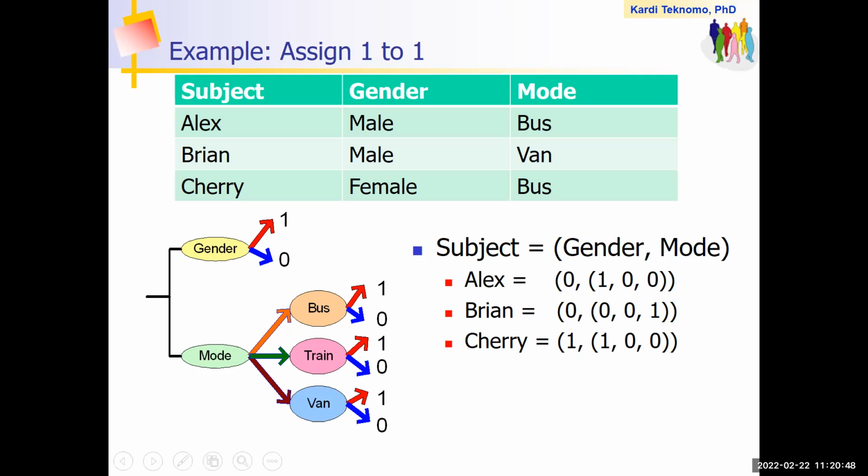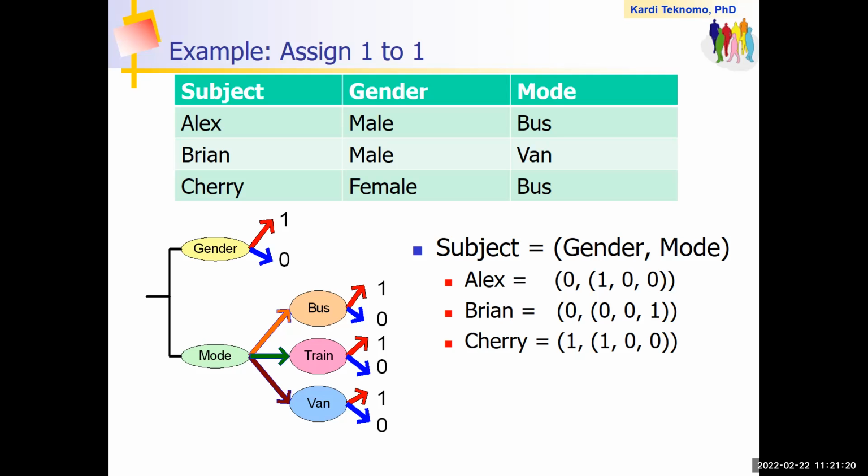In that case, if you assign one to one, the gender, because it is only two values, you assign 0 and 1. You can say 0 means male, 1 means female, or the other way around, it is up to you. And the mode still has three values: bus, train, and fun.